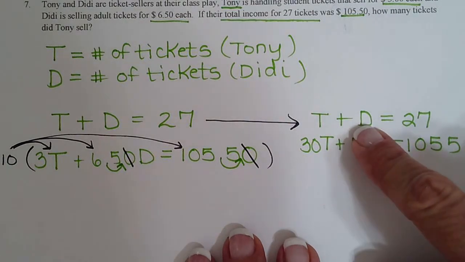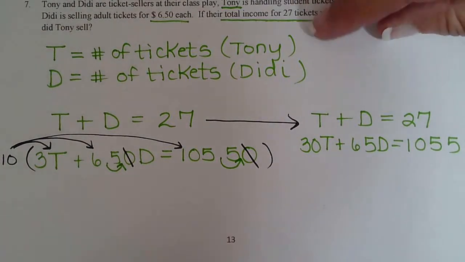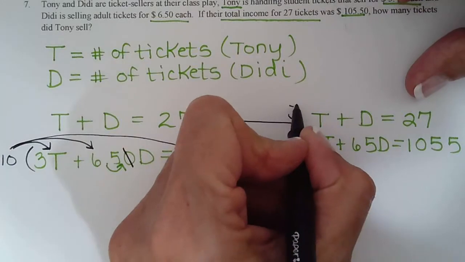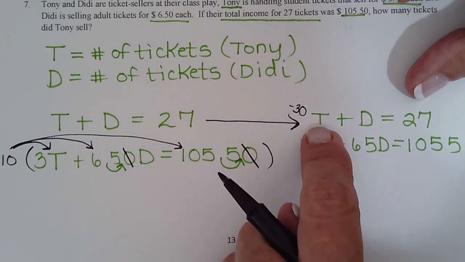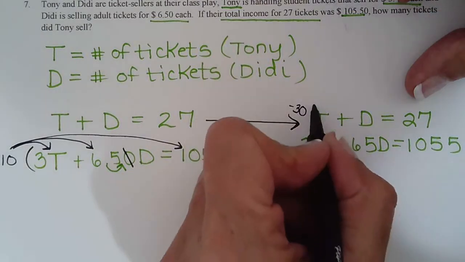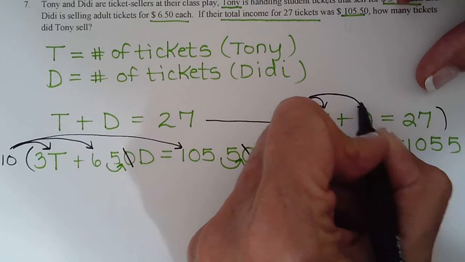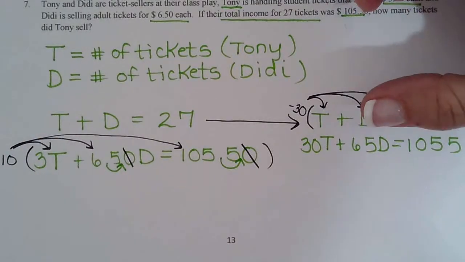We could easily make this negative 65 by multiplying the whole upper equation by negative 65. 30 is a little smaller, so let's pick that. And if this is 30, remember I need this to be the opposite, which is negative 30. So we're going to distribute negative 30 and get a new equation to add on to this.